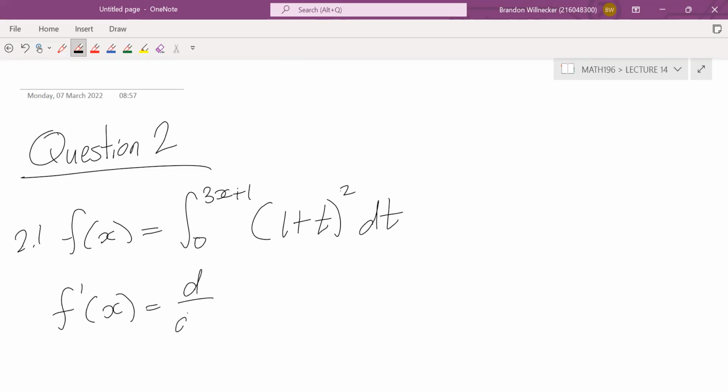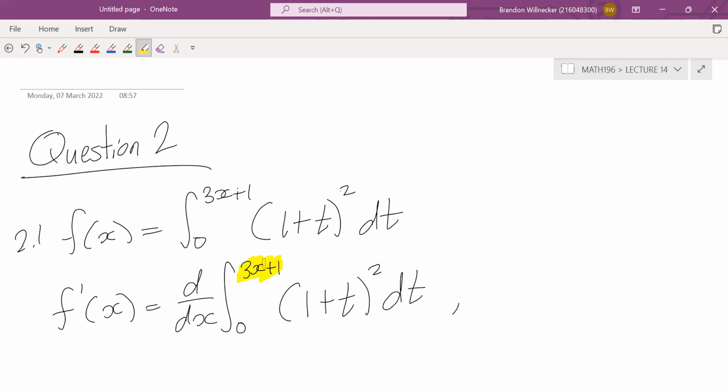That's going to be d by dx of the integral from 0 to 3x plus 1 of (1 plus t) all squared, dt. Okay, so we've got a problem here because the upper bound is a function of x. We don't want that. So we're going to let u be equal to 3x plus 1.